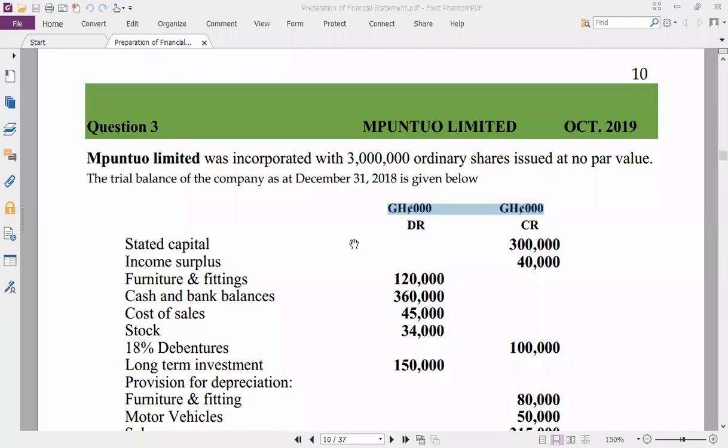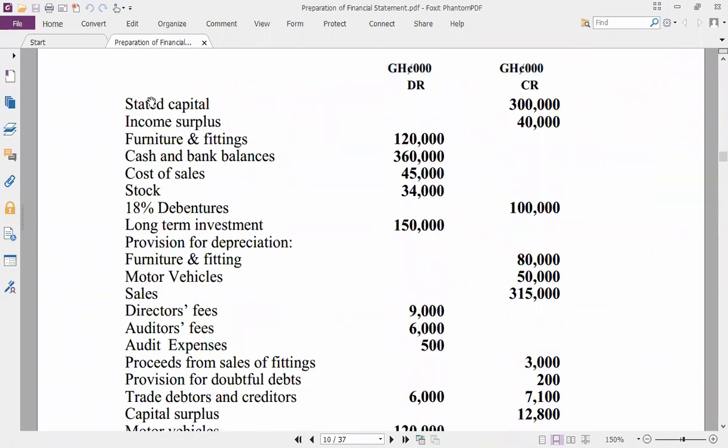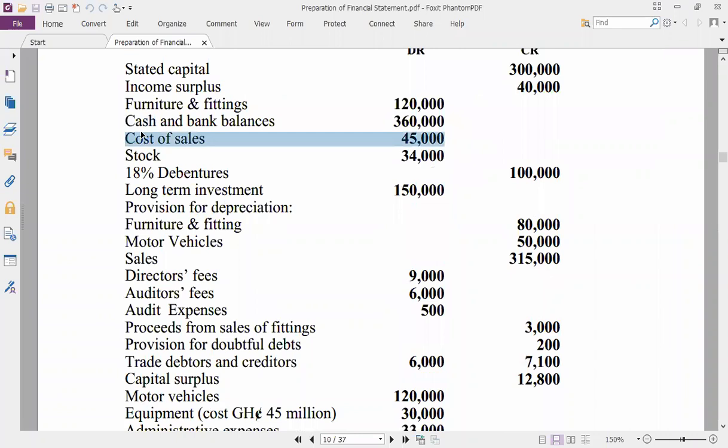First, we must come through where all the items go, one after the other. So now be with me. Stated capital, you go to financial position and changes in equity. Income surplus, the same thing. Furniture and fittings, PPE. Cash and bank balances, current assets. Cost of sales, you go to comprehensive income.